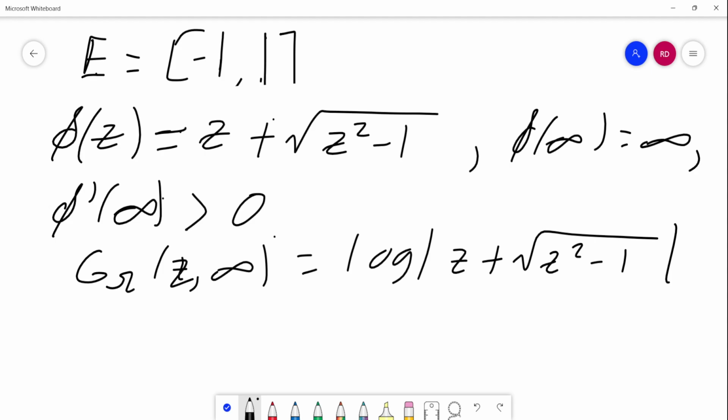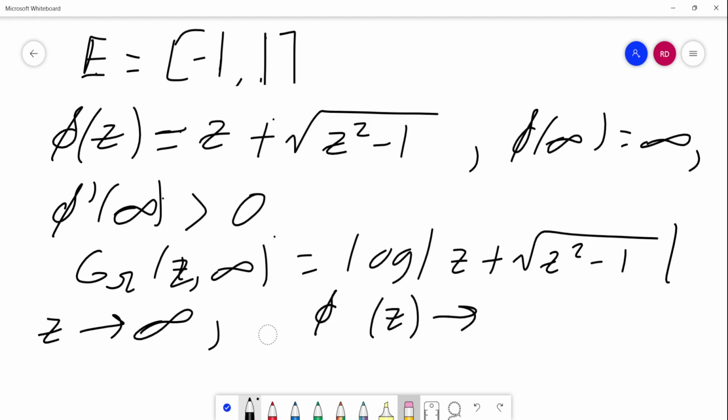What happens when z goes to infinity? Well, then actually all we care about is phi, not the log part. The phi of z goes to infinity, -1 becomes irrelevant, so we're left with z plus the square root of z squared, which would be 2z.